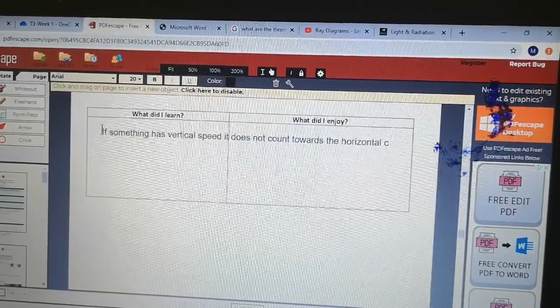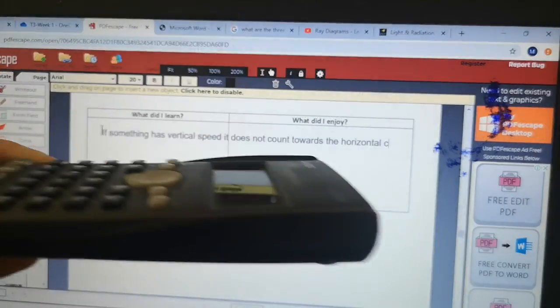Because the brick was moving down, right? It still had speed, but it was moving down when it collided.